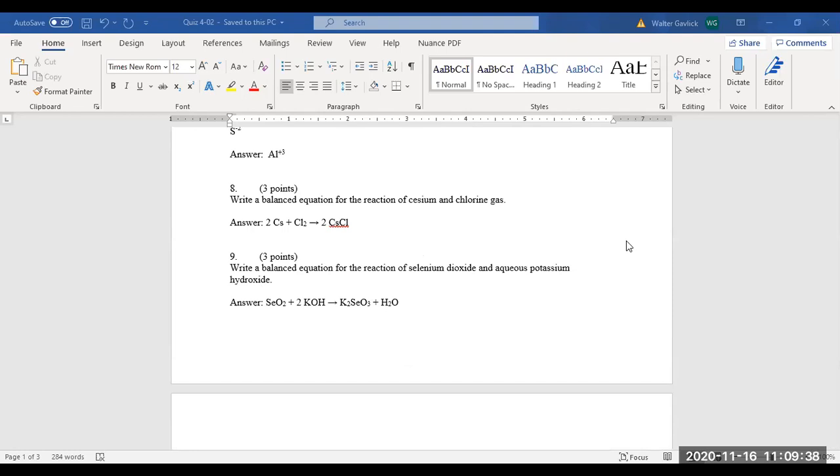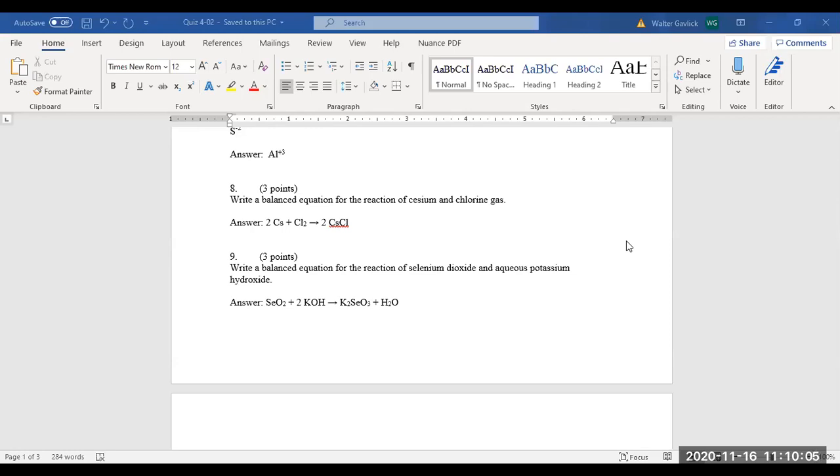If you had it flipped the other way, you did lose points. So you had to have the equation written correctly in terms of orientation. Then you also had to write out the correct molecular or atomic formulas, and you had to balance the equation properly. To get all 3 points, you had to do all those things.